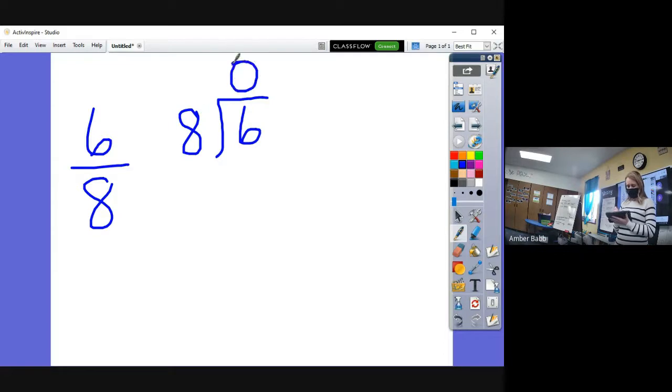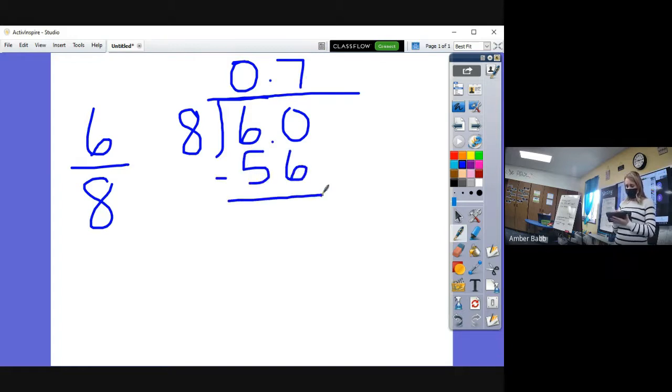I cannot put an 8 into 6, so I'm going to have to add my decimals. And here I go. Now I've got 8 into 60. How many times can 8 go into 60? 7. I'm hearing people tell me 7. What is 8 times 7? 56. Okay. I subtract 60 minus 56 and I get 4.